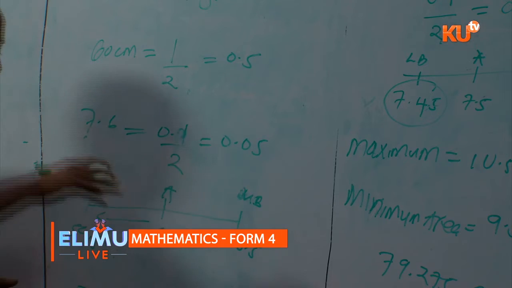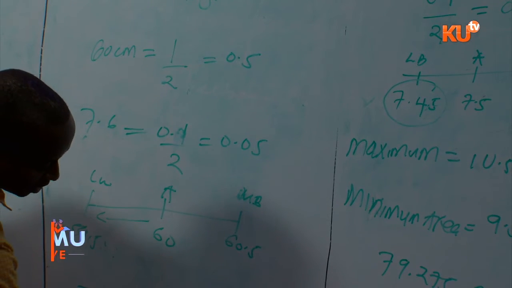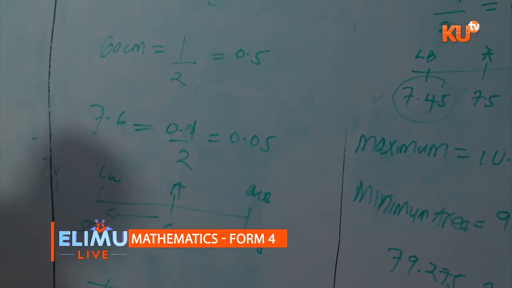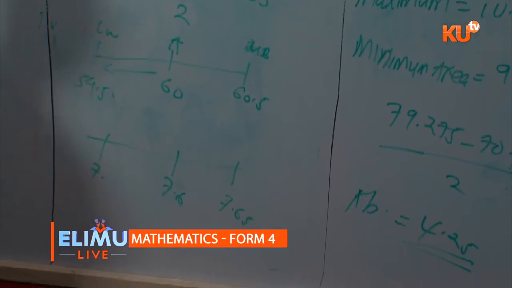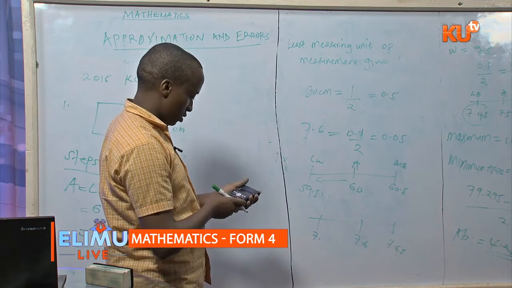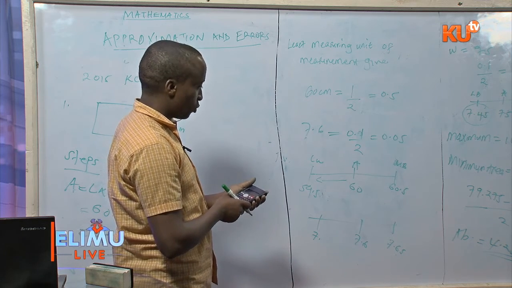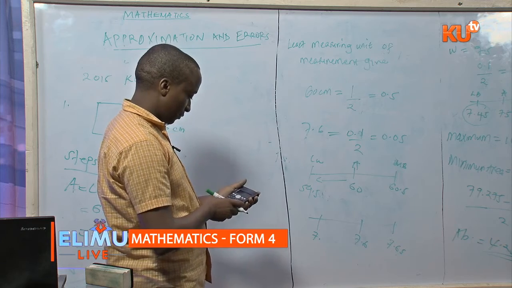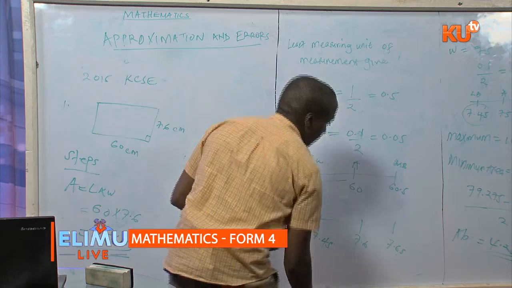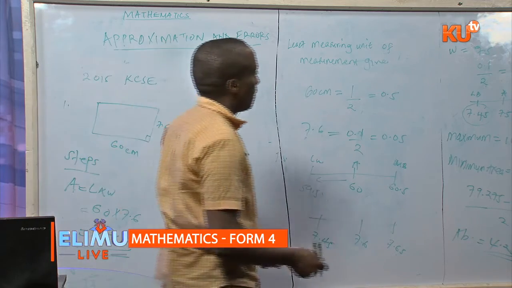The upper limit you can go is 7.65. The lower limit, you minus 0.05, you get 7.55.